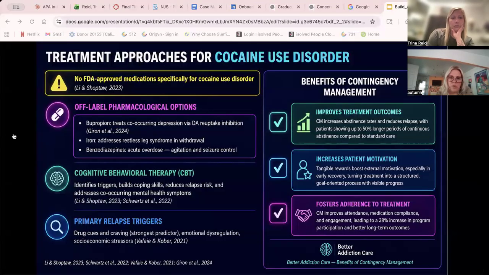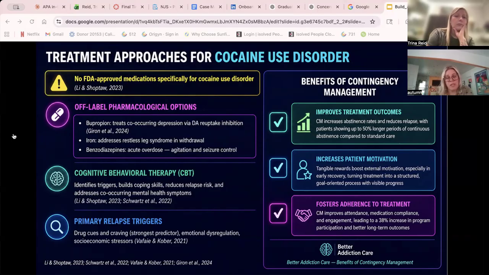Treatment approaches for cocaine use disorder: there's no FDA-approved medication specifically for cocaine use, so psychosocial treatment is the primary approach. Bupropion is used off label for co-occurring depression.